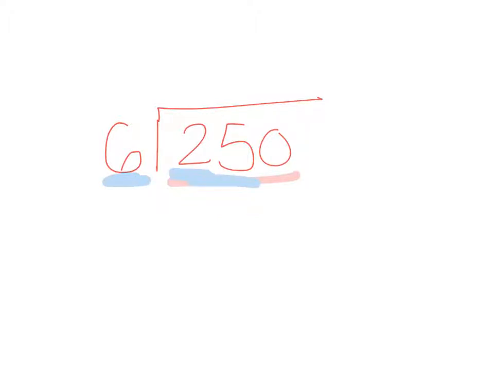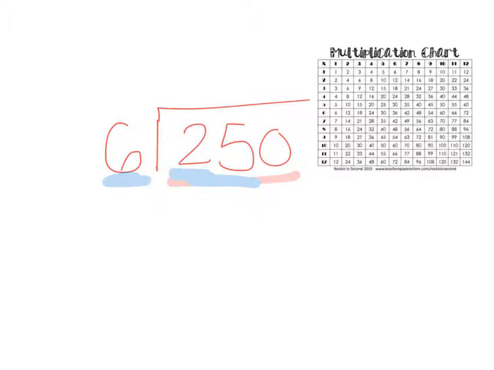Now we have 25. So we need to think in our head, how many groups of 6 can we make out of 25? It may not be equal. So we're going to look at our multiplication chart where the 6 is, and we can go across and we see that 6 times 4 is going to give us 24. So that's the closest we're going to get without going over.